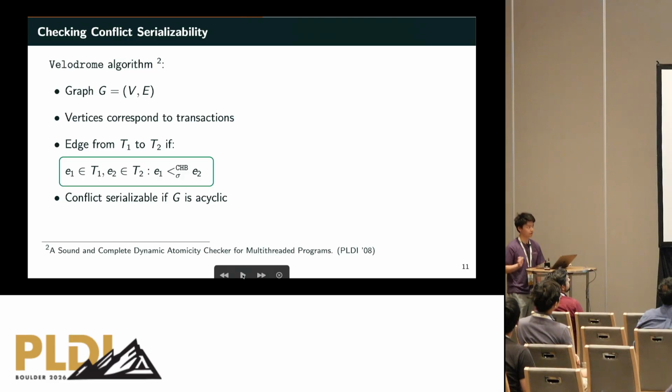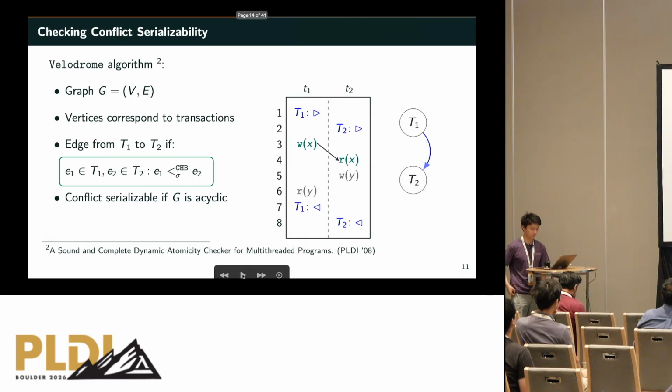The first paper trying to solve this problem is the Aerodrome algorithm, and the idea is actually very simple. It maintains a graph to represent the transactional happens-before partial order. All the vertices correspond to transactions, and the edges represent the THB partial order.